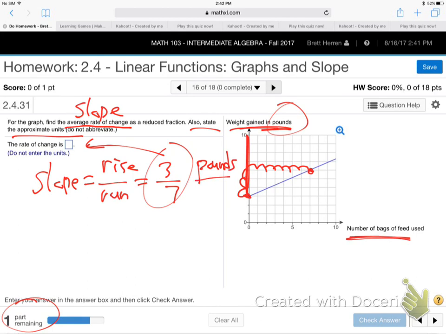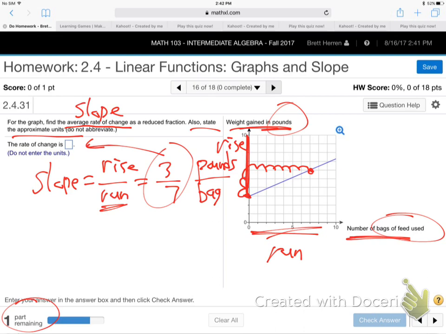And run is X, run is down here. What are the X units? Bags of feed. Pounds per bag. In other words, that's 3 sevenths pounds per bag is the units there. Y units over X units. Rise units over run units. Pounds over bags of feed.